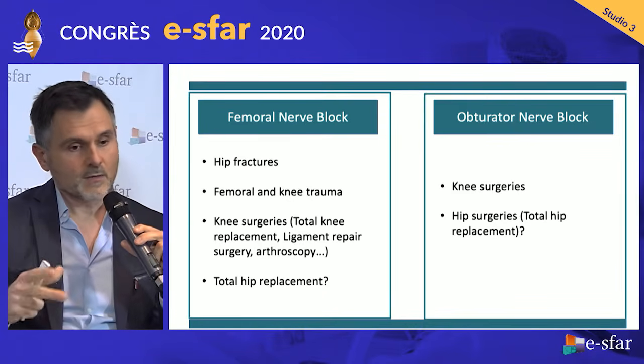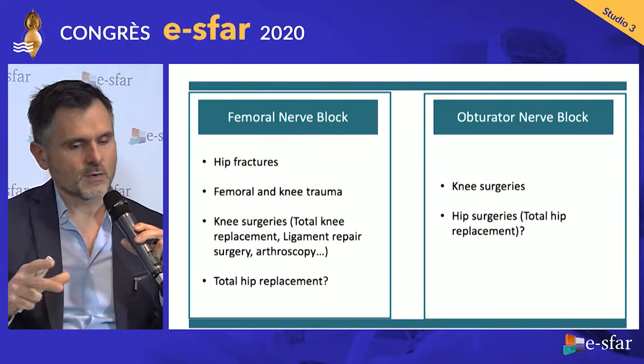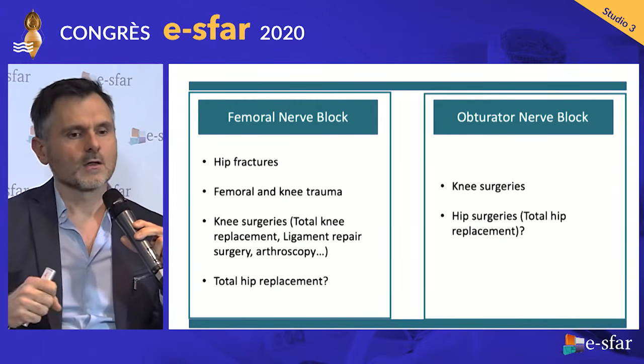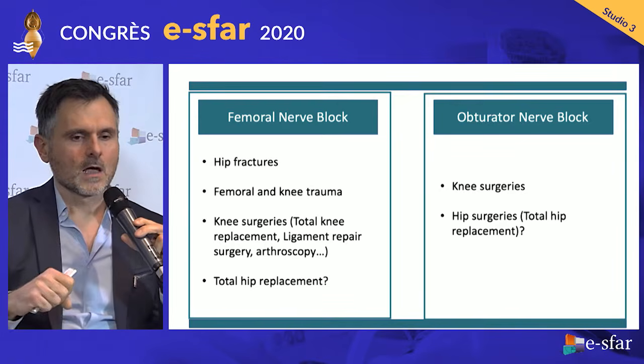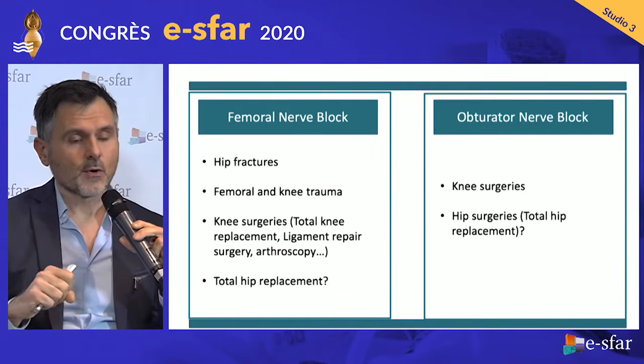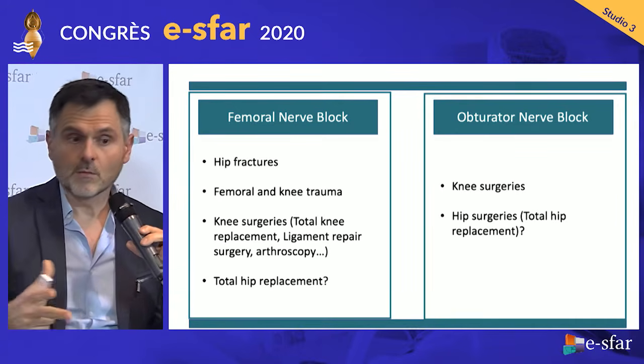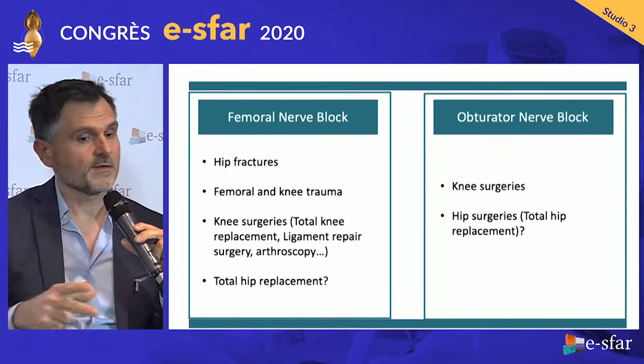And this is very important because obturator nerve block does permit early ambulation. But this point is still debated, and in our team we are performing a study at the moment to specify this point.